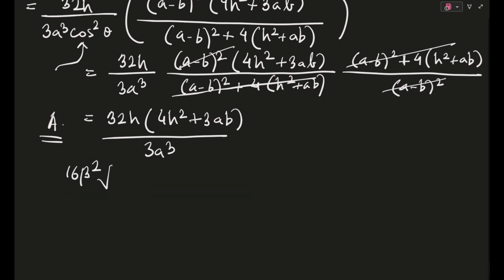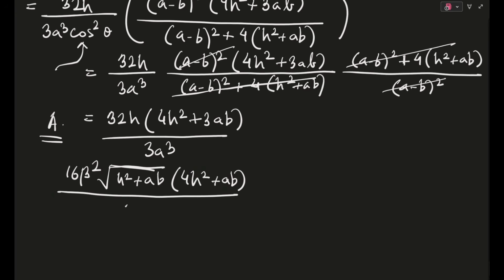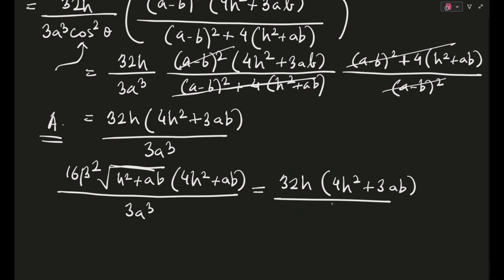So 16 beta square times root (h square plus ab) times (4h square plus ab) by 3a cube will be equal to 32h times (4h square plus 3ab) whole divided by, once again, 3a cube.